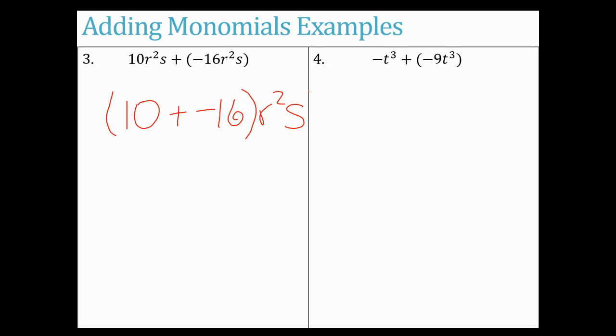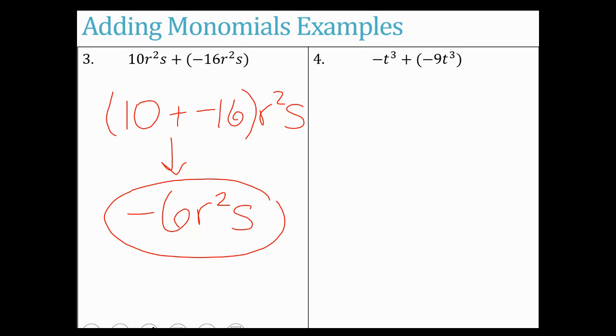Now, different signs we subtract. 16 minus 10 gives me 6. Keep the sign of the larger number. The larger number here is 16, so it's going to be -6. Bring down your variable and the exponent. Don't add the exponents here.